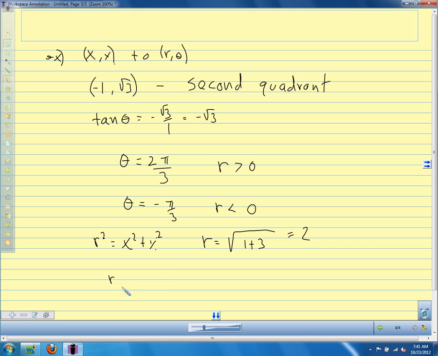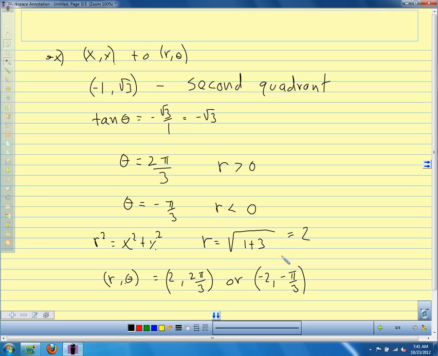So r theta, we could say is 2, 2 pi over 3, or negative 2, negative pi over 3. And we can add multiples of 2 pi to these angles to get additional points. So our representations aren't unique. So questions on this?